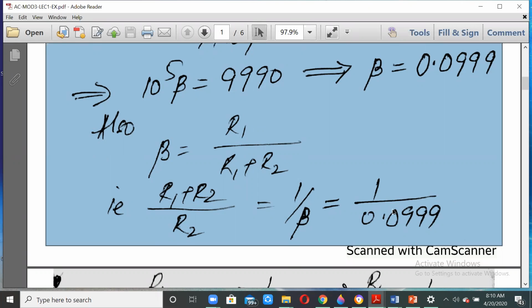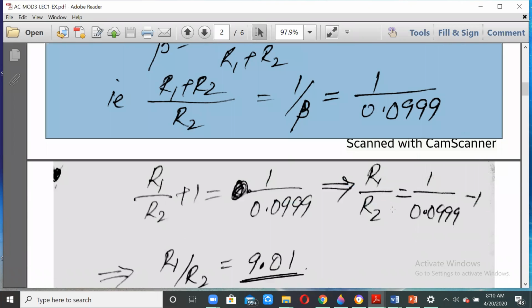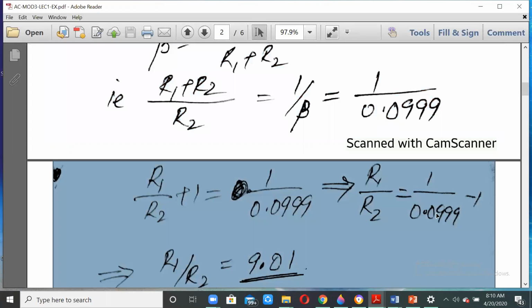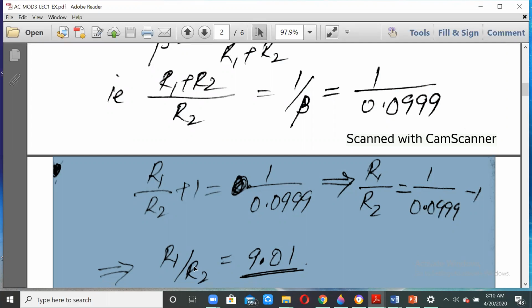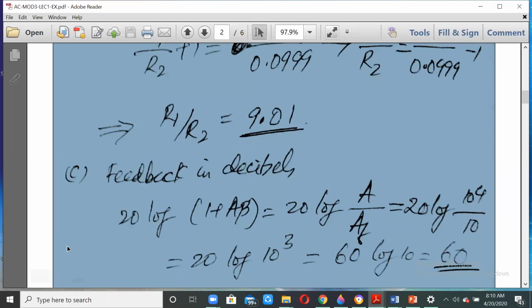Writing R1 by R2 plus R2 by R2, which is 1, R1 by R2 will be equal to 1 by beta minus 1, that is 1 by 0.0999 minus 1. And that will give R1 by R2 is equal to 9.01.